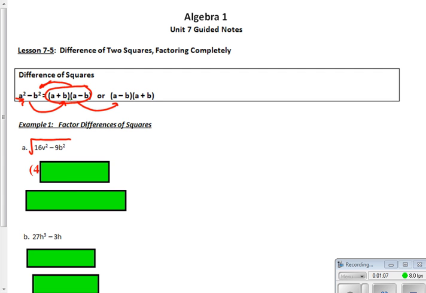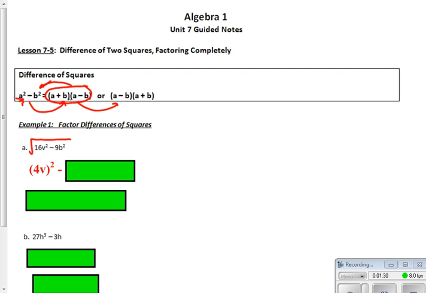The square root of v squared is v, so you've taken that down. In order to get back to that 16v squared, really what happens is you square the 4v. So 4v times 4v, well, 4 times 4 is 16. V times v would give us the v squared. Drop down the minus sign.